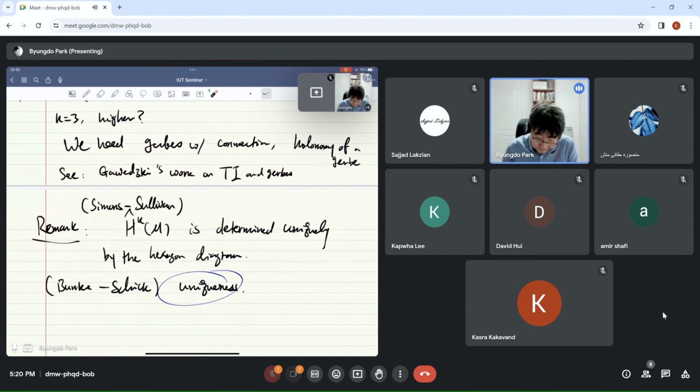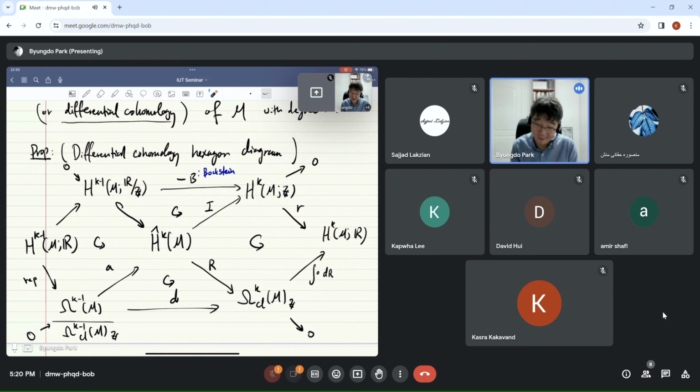So Jim Simons asked the following question. He felt that the thing in the middle is uniquely determined by the diagram. That means if you are given a manifold, then you have these corners and these commutative diagrams, and the thing that can fit here is unique.